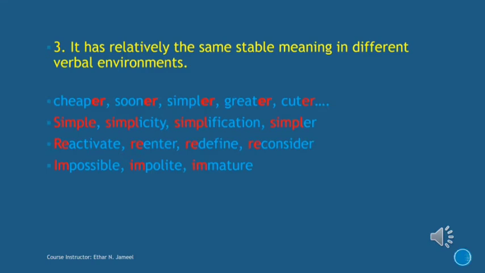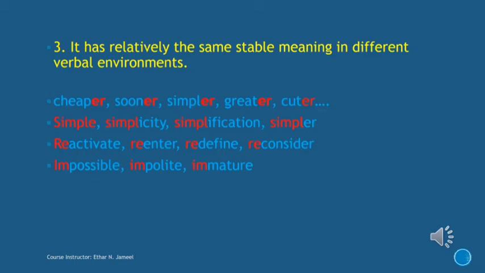So it has the meaning of comparison in cheaper, sooner, simpler, greater, cuter, etc. In all of these adjectives, ER has the meaning of comparison. So this is what is meant by saying that a morpheme has a stable meaning in different verbal environments. So when the ER is attached to adjectives, it will have this meaning, the meaning of comparison.